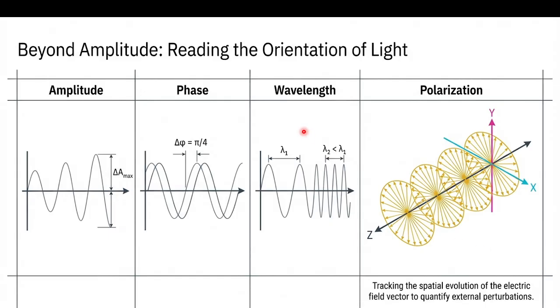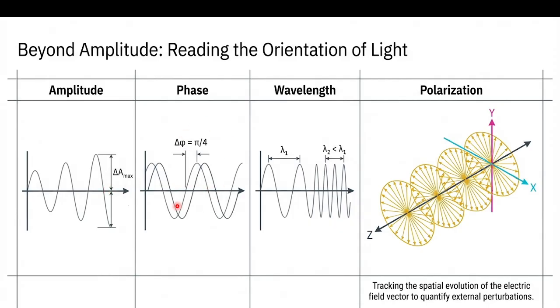We have discussed various sensing modulations: amplitude modulation, phase, wavelength, and polarization, which we are going to discuss now. In amplitude we are dealing with amplitude obviously.